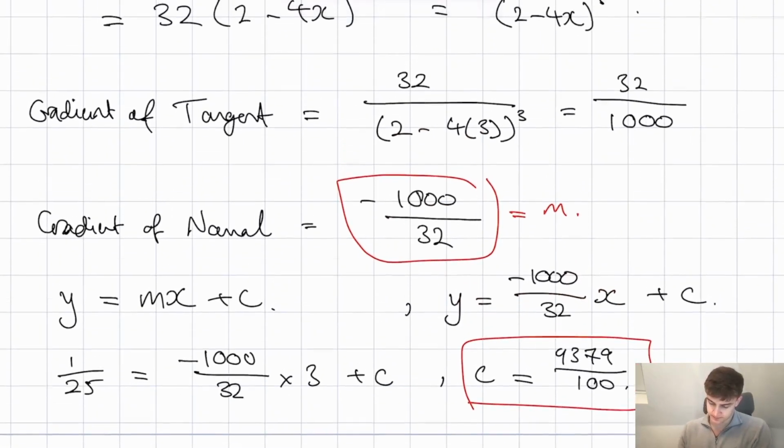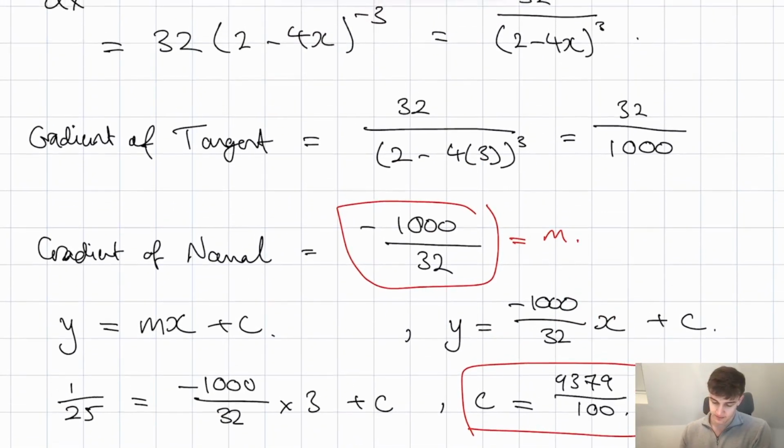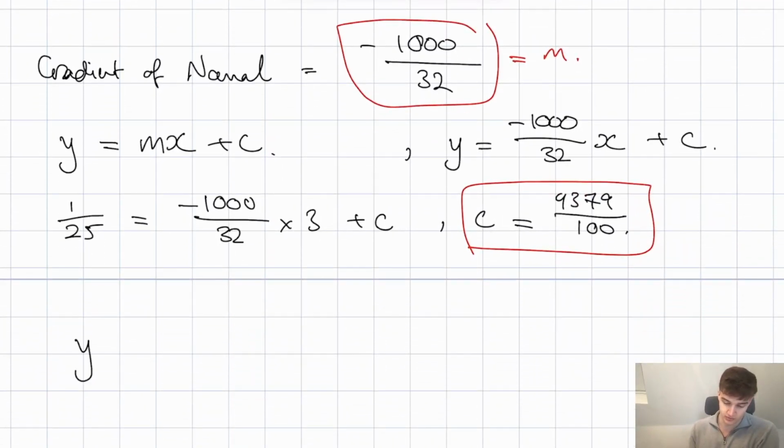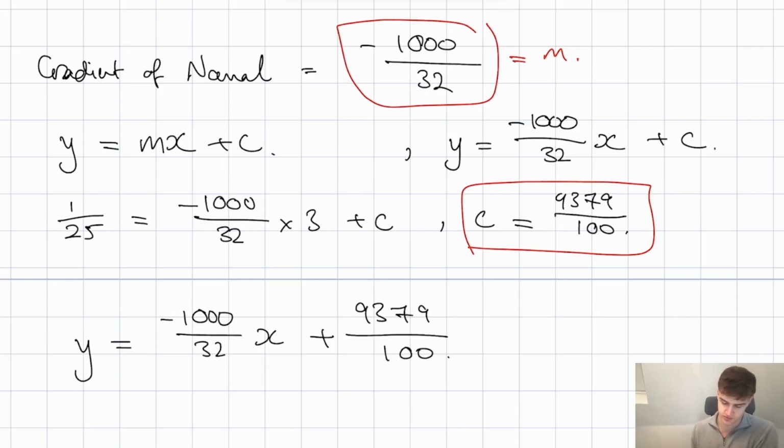Okay, so that's c. That means we've got our equation now. So the equation of our normal is going to be negative 1,000 over 32 x plus 9379 over 100.